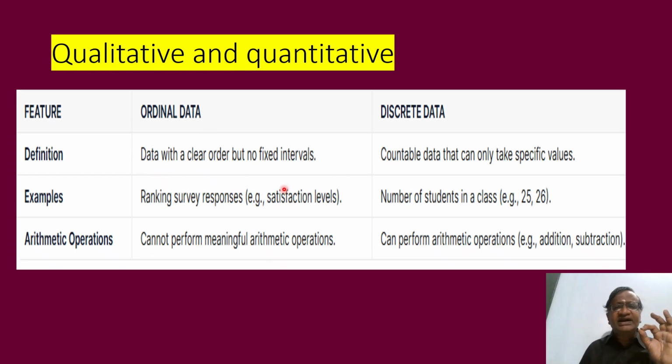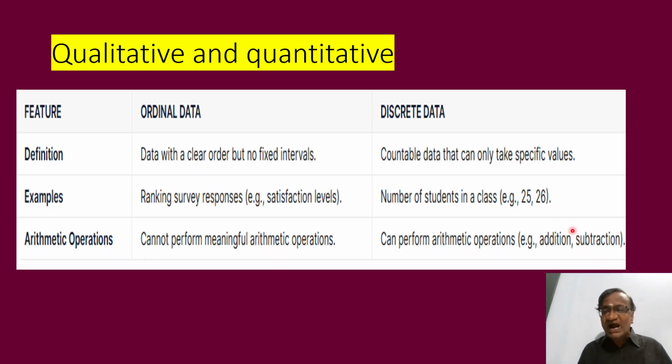Data with a clear order but no fixed intervals: survey response, satisfaction levels, ASA status. Countable data: number of students in a class, where meaningful arithmetic operations can be performed, but cannot be performed for ranking. In a ranking survey, satisfaction level 3 here, 2 there, 3 plus 2 is 5, cannot be done.